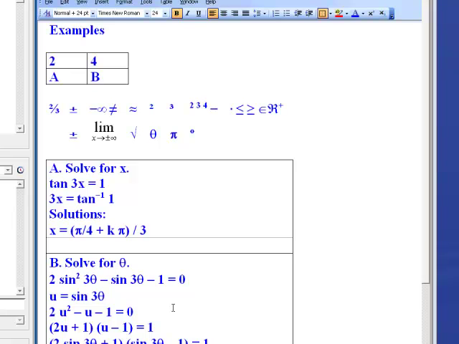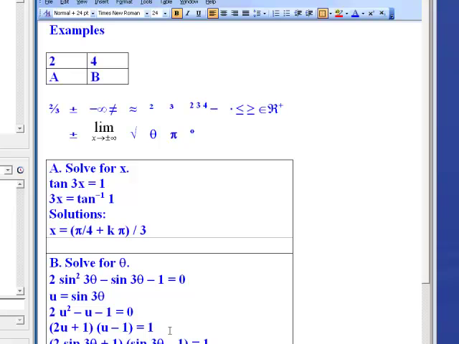So at negative 1/2, of course, the reference angle will be 30 degrees. We're going to be in the third and fourth quadrant. So we're going to have 210 and 330 degrees as a solution.